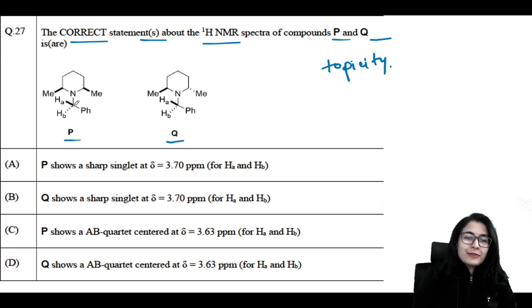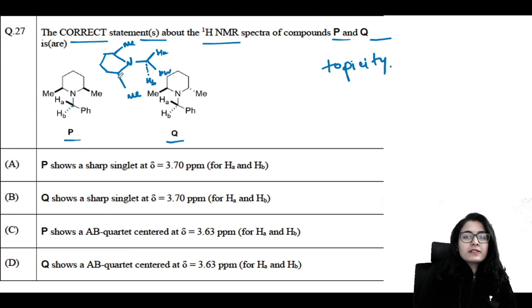So these two molecules were written like this in the CSIR NET paper. Instead of this pH, there was a COOH group, a carboxylic acid group, but the rest of the molecule was absolutely the same, right? So you see, you can draw HA and HB.